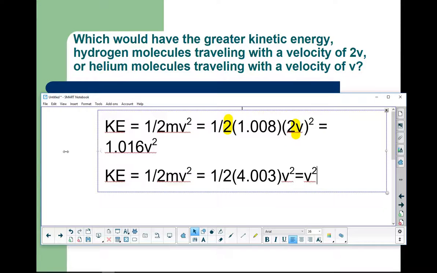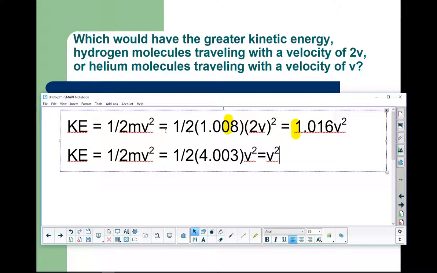Now my highlight is highlighting the wrong things. That's okay. Let's check the numbers. So we're going to have 1.008 divided by 2. So 0.5.